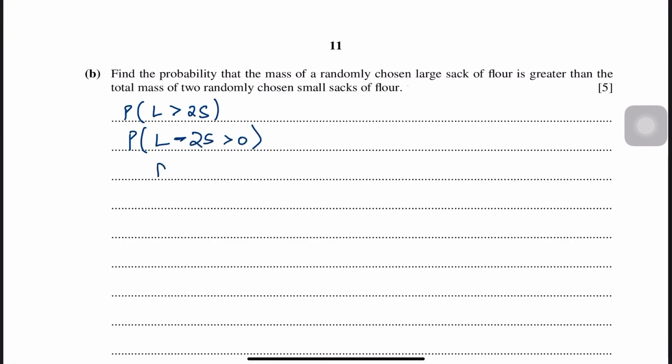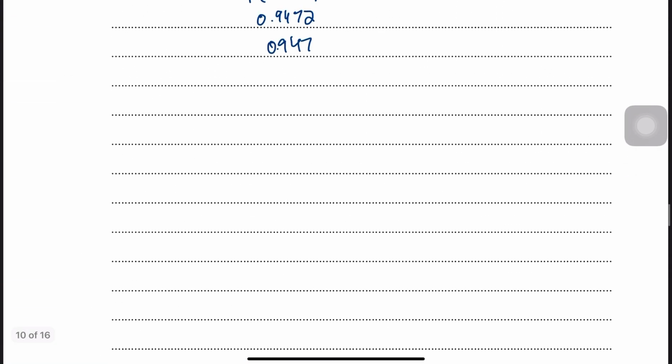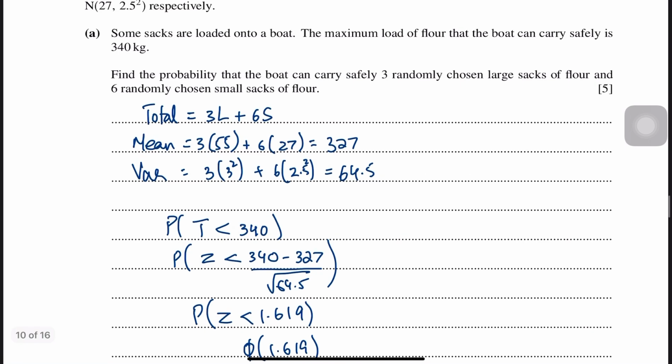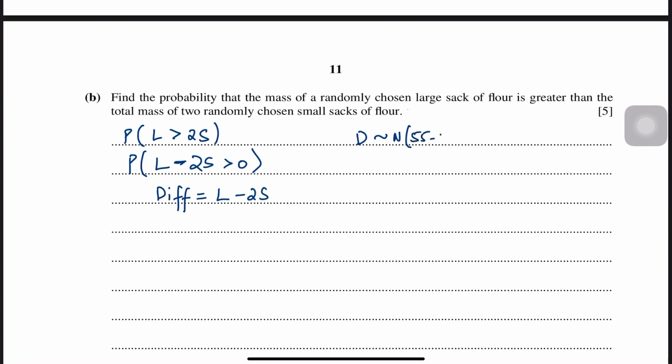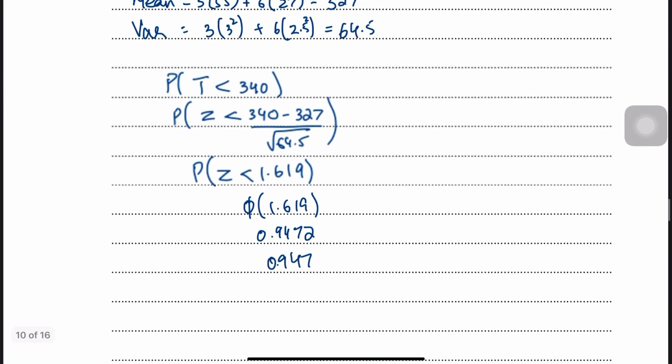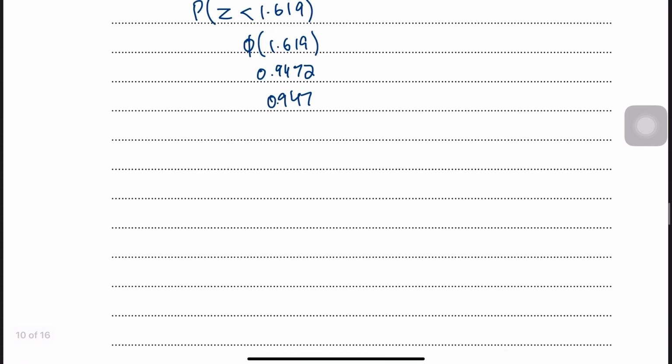Okay, so I create a new variable called difference. So difference is normally distributed. Okay, the large one had a mean of 55 and the small one had a mean of 27, with variances 3 square and 2.5 square.